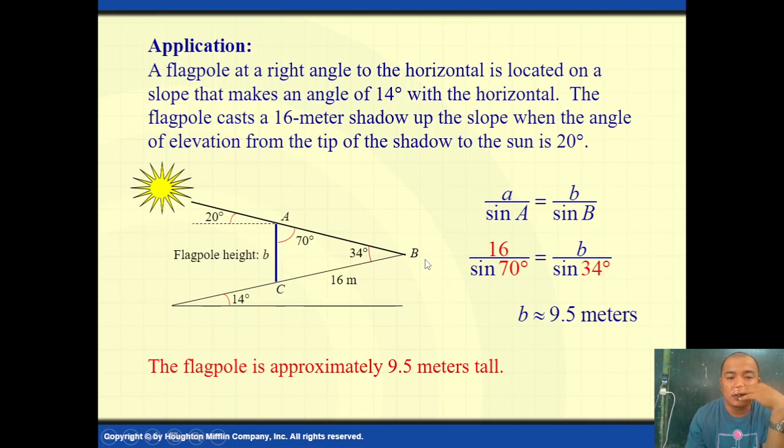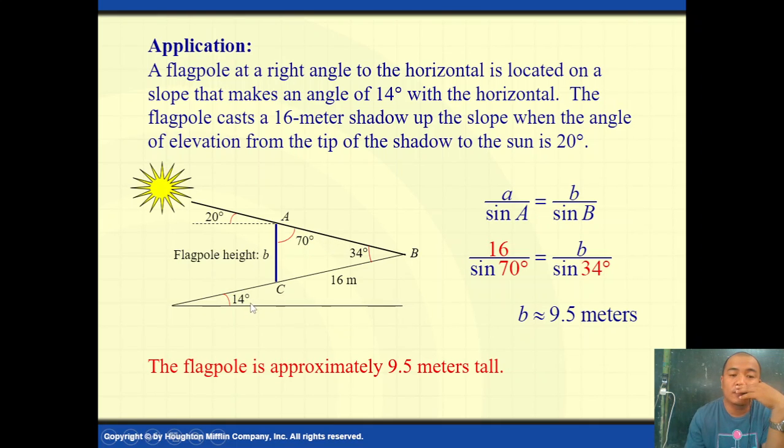So let's focus on this oblique triangle. 70 degrees will be this, because this is 90 plus 20, 110. So obviously 70 degrees.